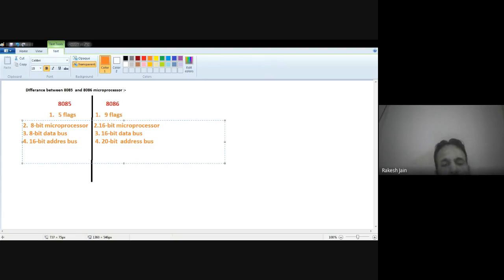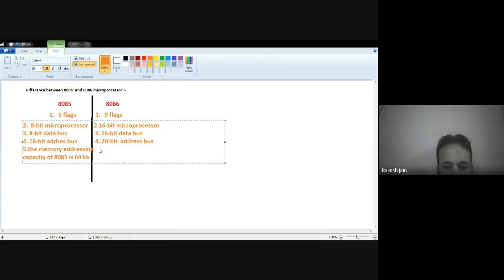The memory addressing capacity of the 8085 is 2 raised to the power 16, which is 64 kilobytes.